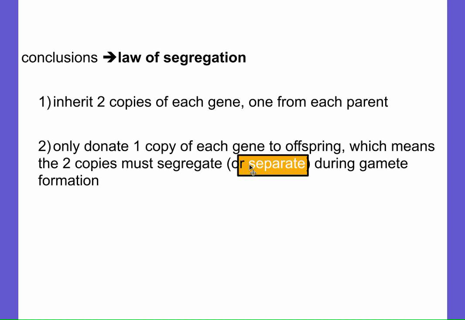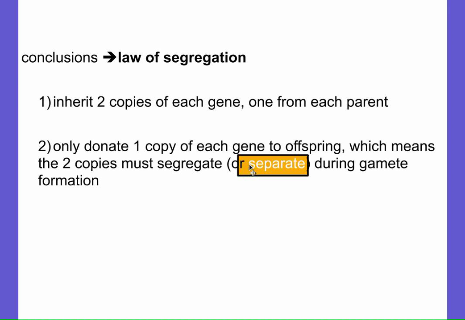And we actually have already seen that, right? We talked about meiosis already and how you have homologous chromosomes that separate during that metaphase 1. Or excuse me, they separate during anaphase 1.